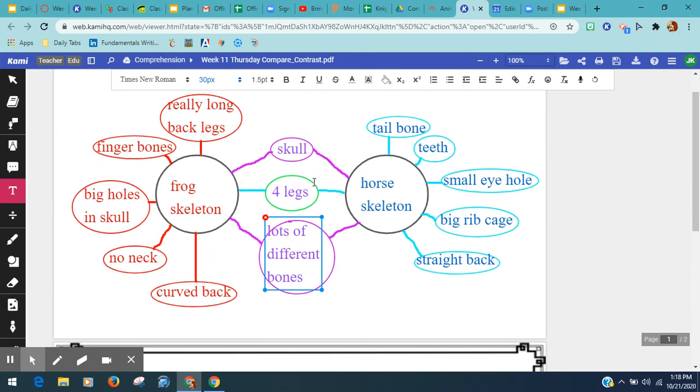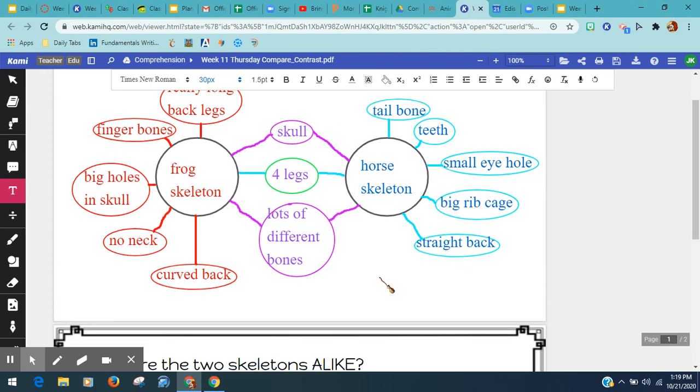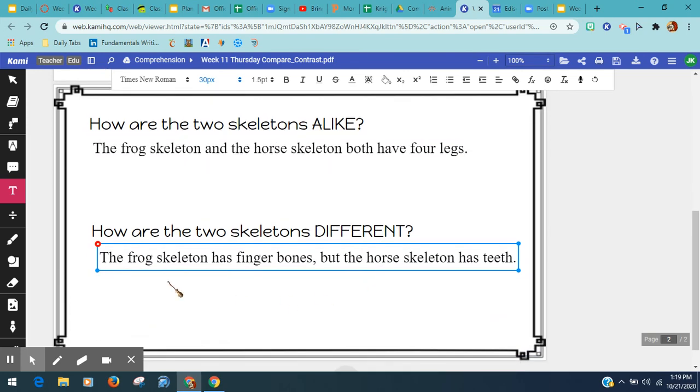I chose one thing. And for the thing that was different, I chose one frog thing, I chose one horse thing, and I glued them together with but. The frog skeleton has finger bones, comma, but the horse skeleton has teeth. So I chose one frog thing, one horse thing, and glued those together with a comma and the word but.